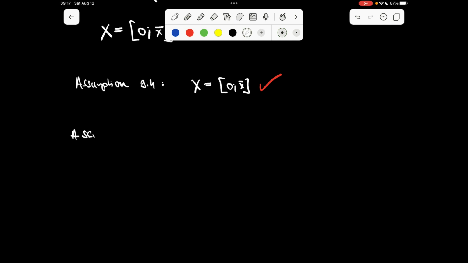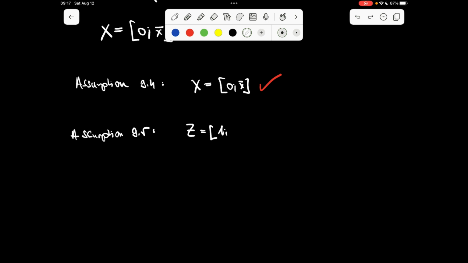Assumption 9.5: the shock variable is continuous in this case, so assumption 9.5b is active.